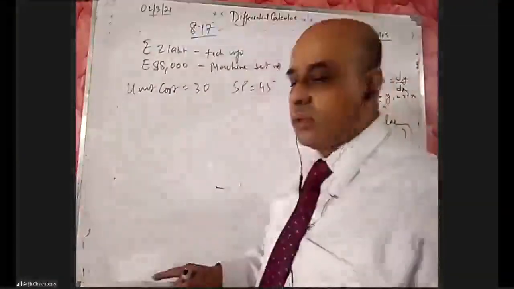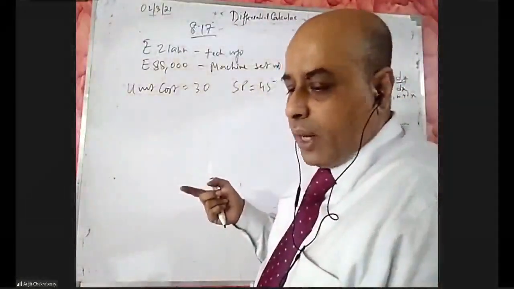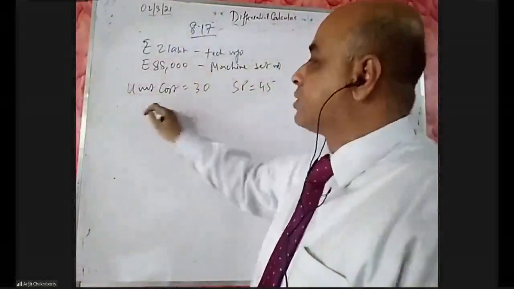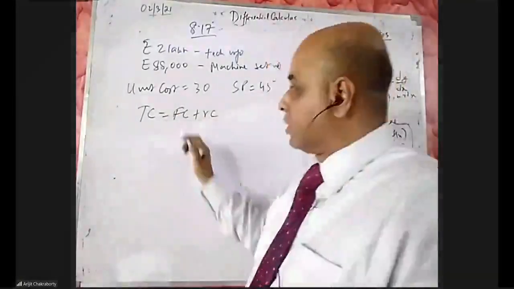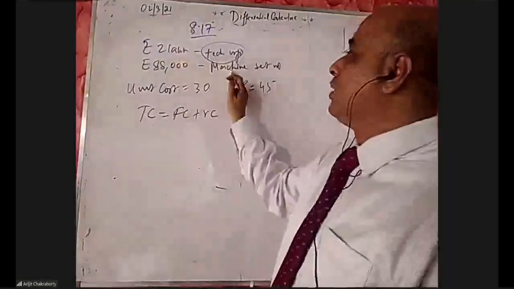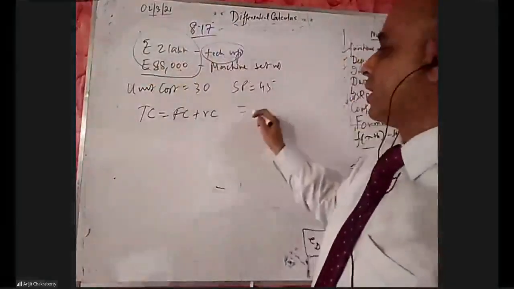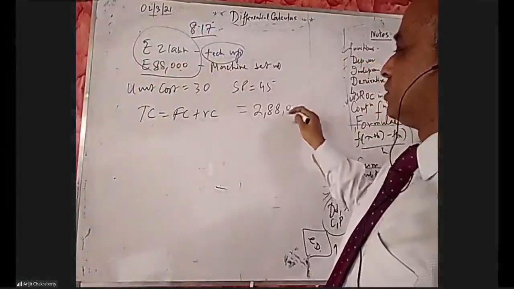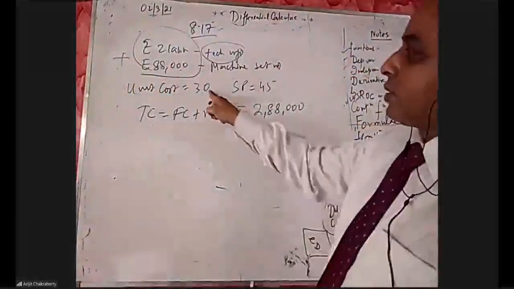Now the total cost function, you can see, is very simple. We can write that total cost is equal to fixed cost plus variable cost. Here fixed cost is technical information 2 lakh and machine setup 88,000, so total fixed cost is 2,88,000. The unit cost is 30.